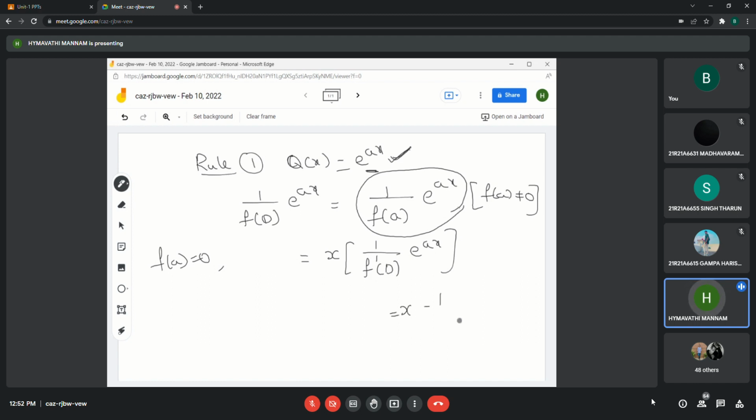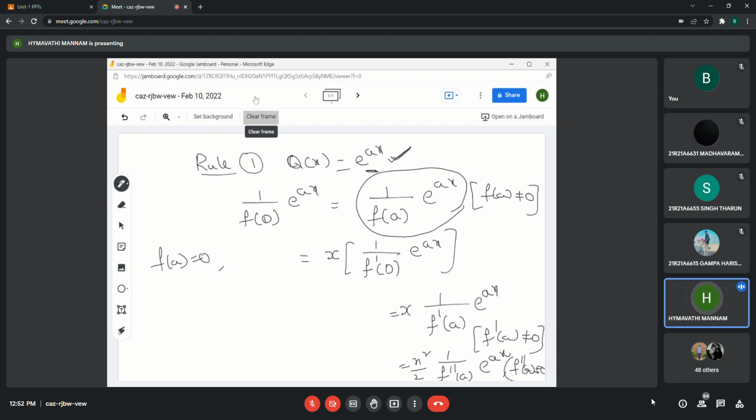And later you substitute again D by a here, where f dash of a is not equal to 0. If f dash of a is equal to 0, in that case you have to take x square by 2 into 1 by f double dash of a into e power ax, since f double dash of a is not equal to 0. So this is rule 1.